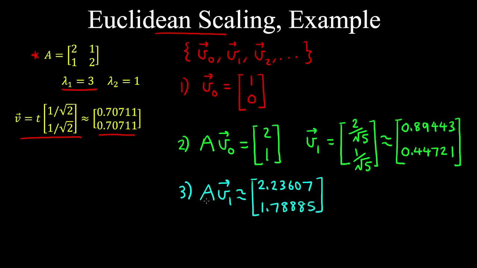And then if you normalize this vector, we'd get our next approximation to the eigenvector, which should be better than the previous one. So I'll let you calculate the norm of this vector and divide each component by the norm. And this is an approximation.